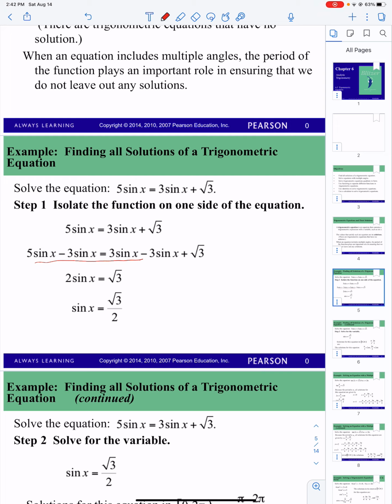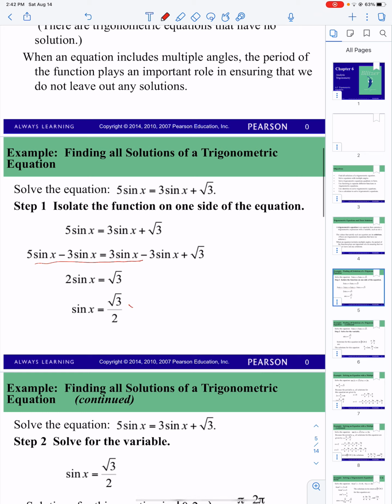So what should we do to solve this? Always remember, sine x is bigger than 0. Always define the quadrant.